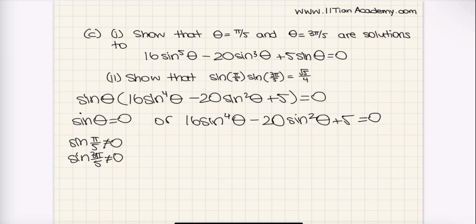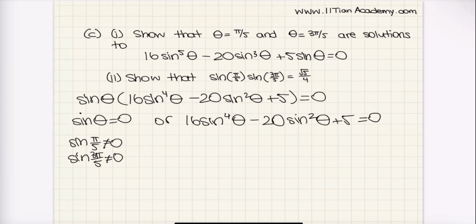So therefore it must be the other one. In order for these to be solutions, they must give us 0 for 16 sine to the power 4 theta minus 20 sine squared theta plus 5.